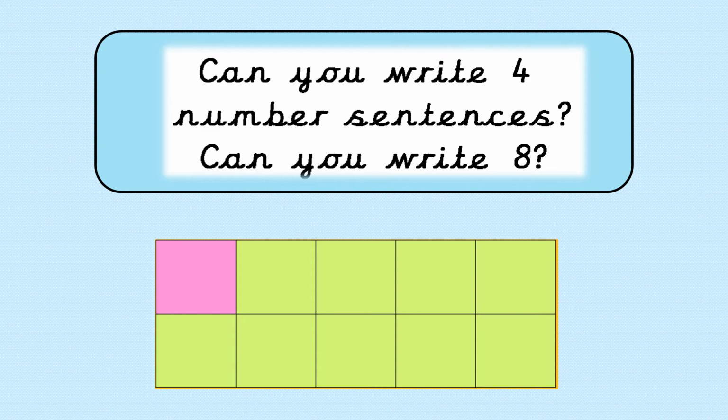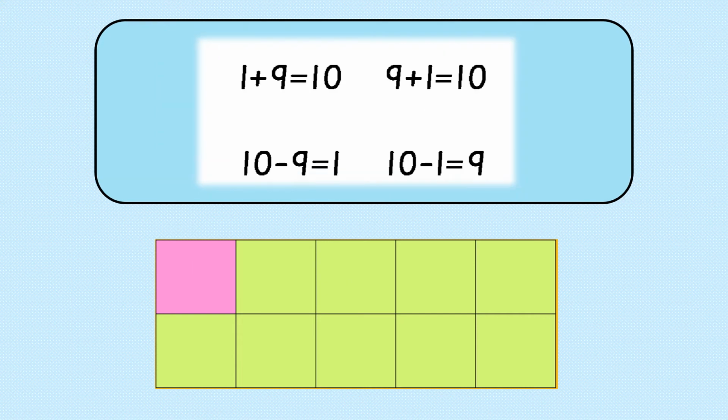All right, can you write 4 number sentences to match this picture? And challenge yourself, see if you can write 8. So we've got a part that's pink and a part that's green. Okay, 1 pink plus 9 green equals 10.